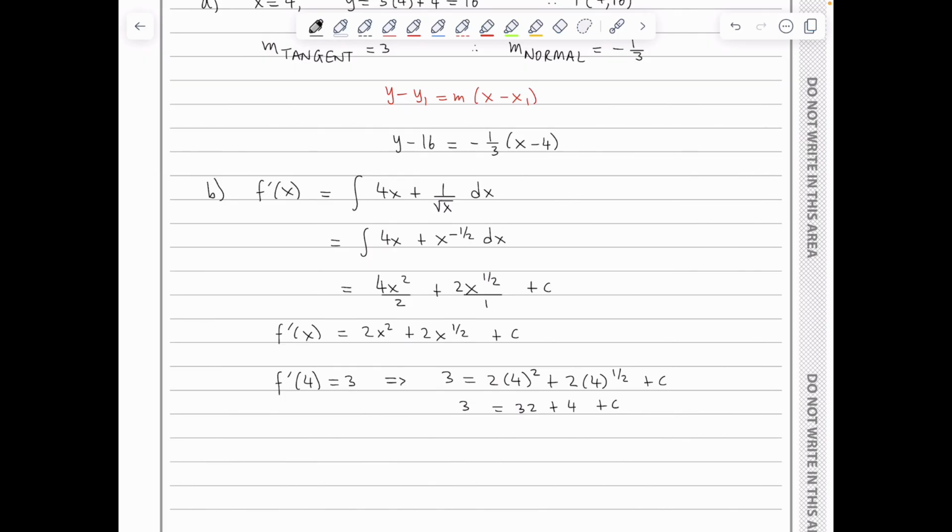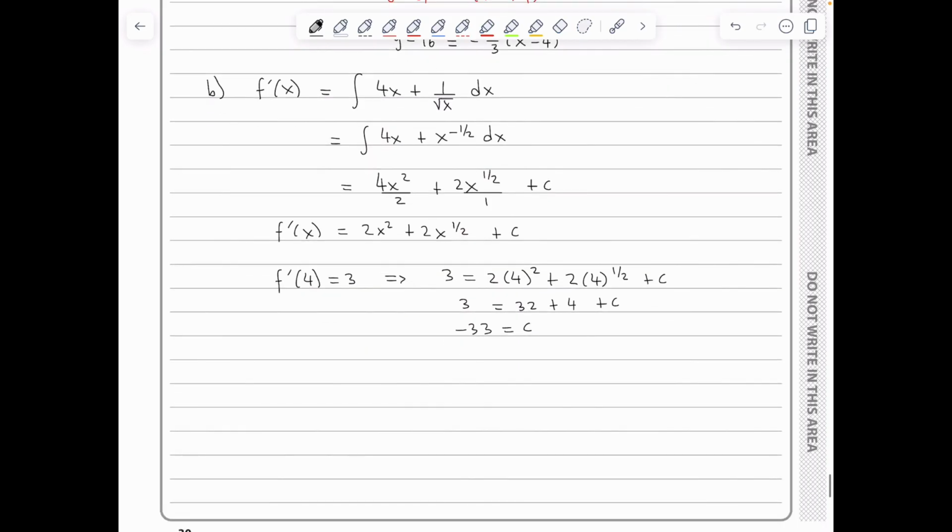So we get that minus 33 is equal to c. And we've got the full expression for f dash of x, which is 2x squared plus 2x to the half minus 33.